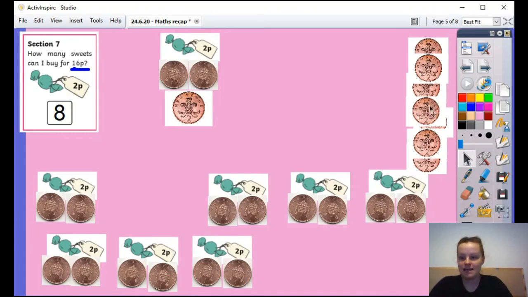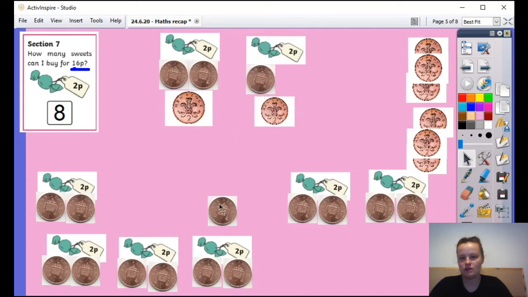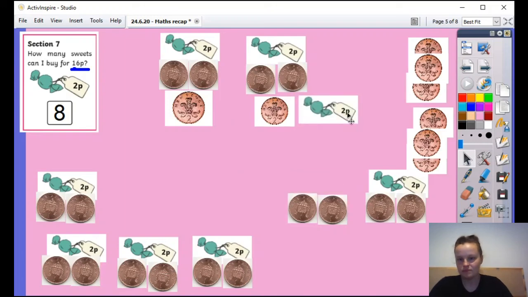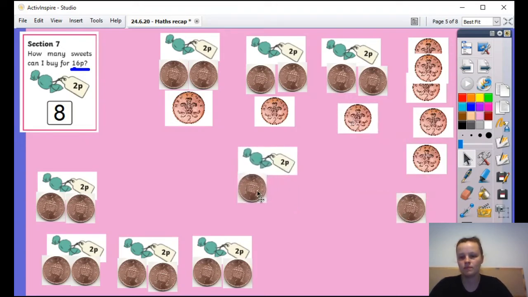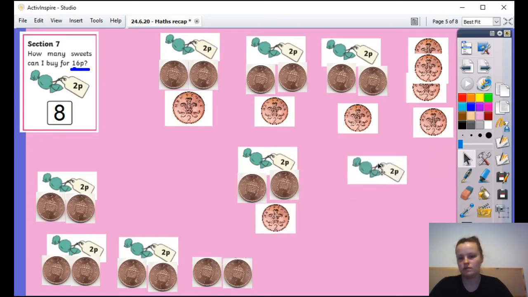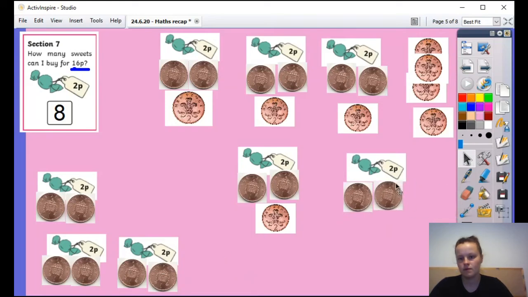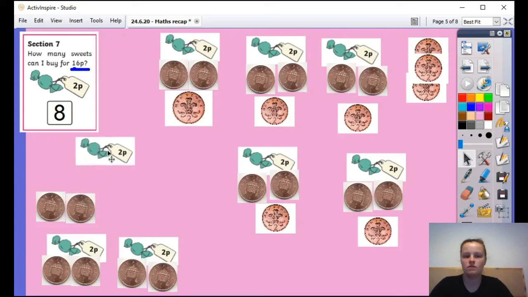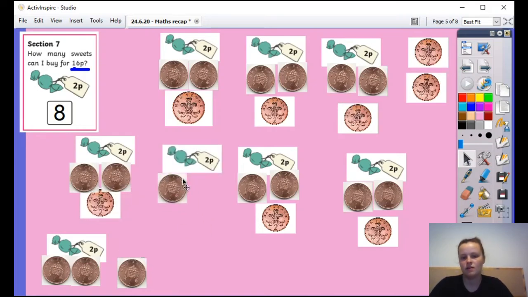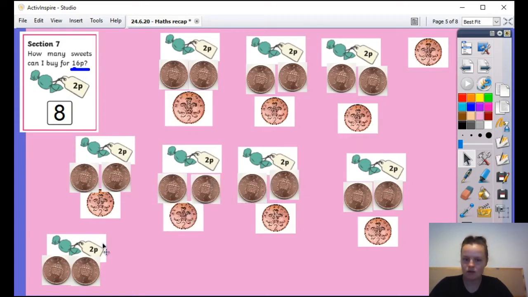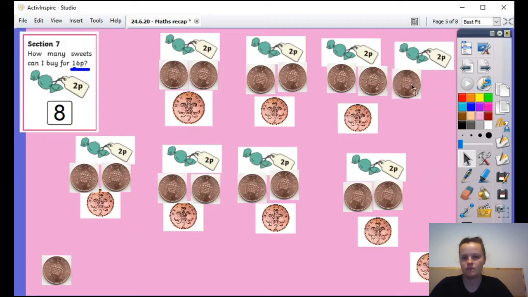Do you know? It would have taken me 8 2p coins, because look, so there's 2 so far, 1, 2, and put another one up, so that's 3 2p coins, 4 2p coins, 5 2p coins, 6 2p coins, 7 2p coins, and finally, the last one, 8 2p coins.